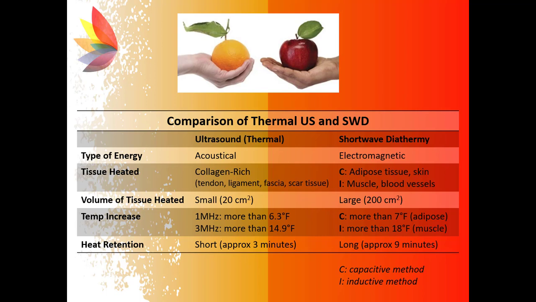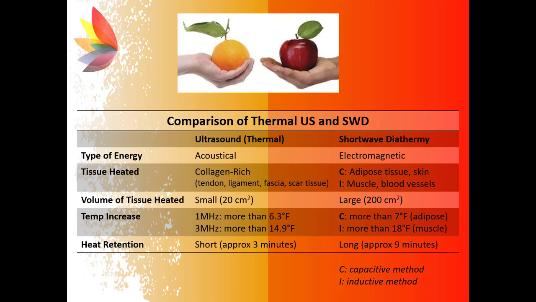The temperature increase seen with ultrasound is less than that of shortwave diathermy. For a 1 megahertz ultrasound treatment, more than 6.3 degrees Fahrenheit temperature increase is available, and in a 3 megahertz ultrasound treatment, more than 14.9 degrees Fahrenheit temperature increase is available.